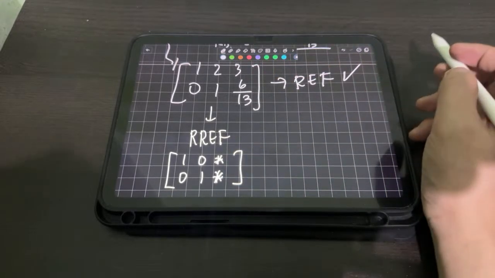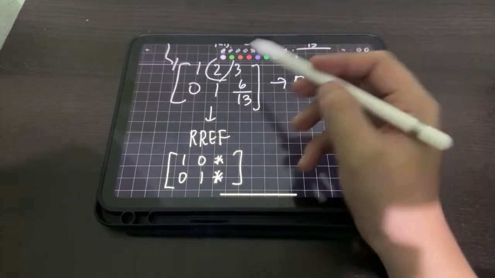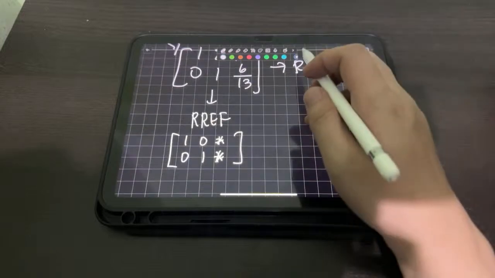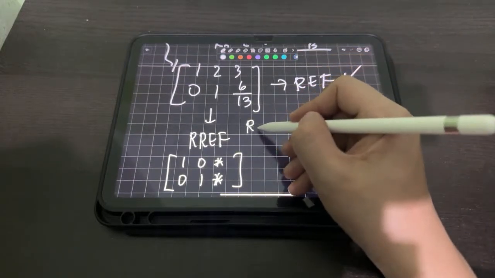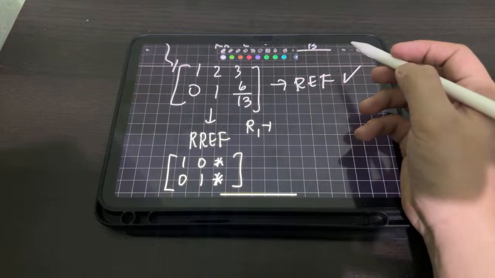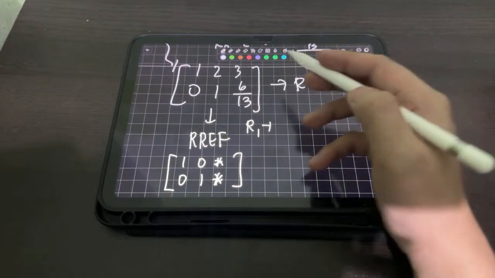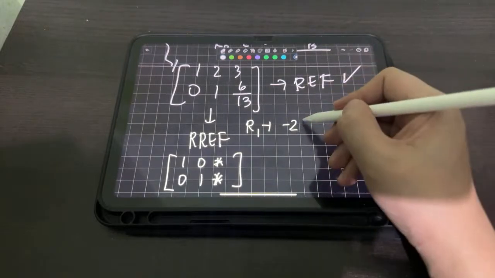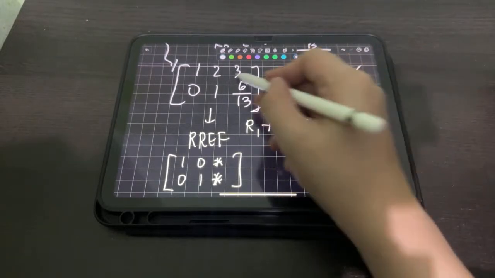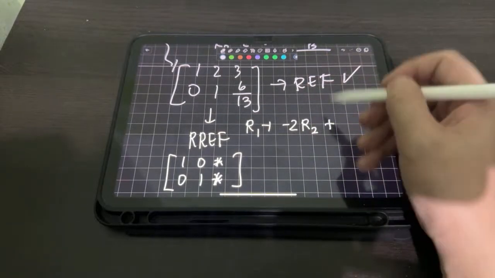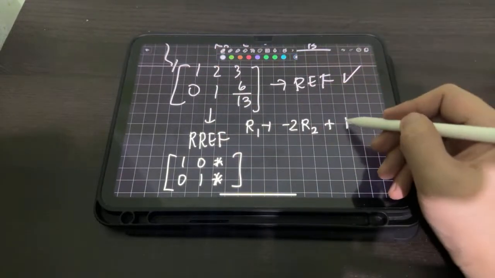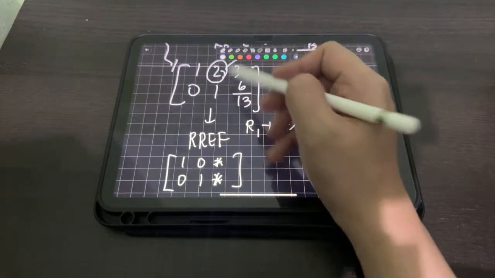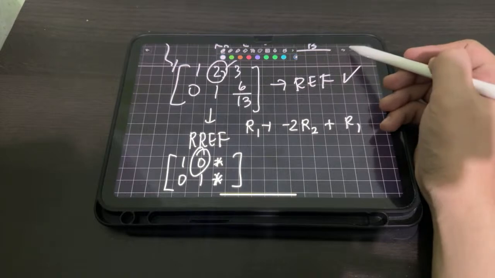So we only need to convert the 2 to 0, right? By applying elementary operations again, the new R1 will be negative 2 times the entries in row 2 plus the entries in row 1, for us to cancel, or to have 0 in this entry.